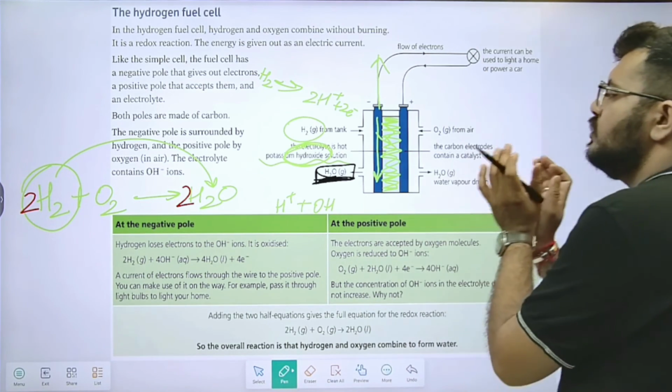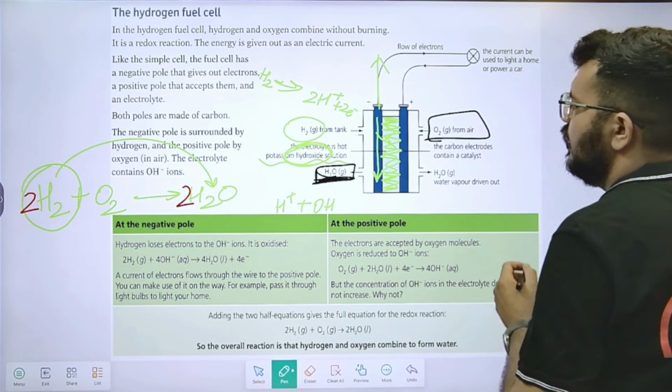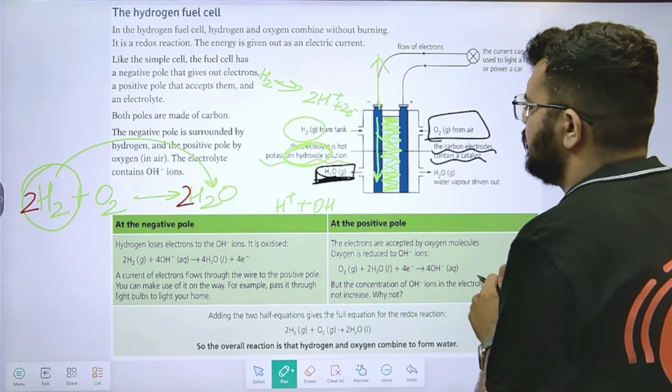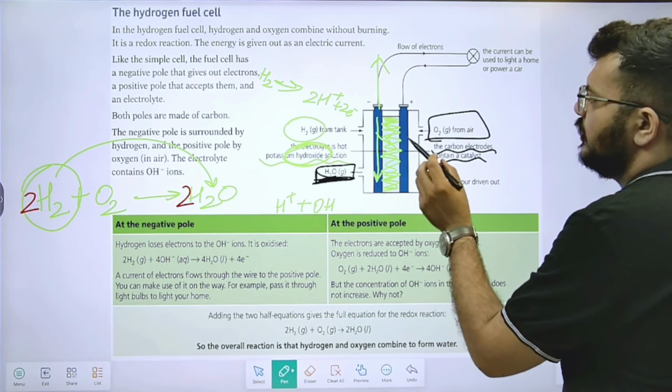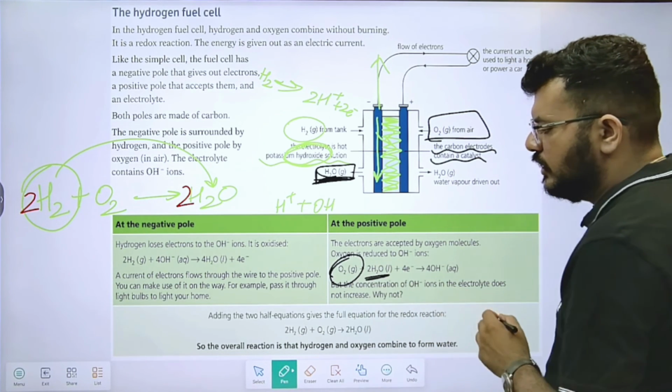Now what happens on the other side? You have oxygen coming in from air. Carbon electrodes contain a catalyst which will promote this reaction, right? Both sides have carbon electrodes. This oxygen and there is water, right?